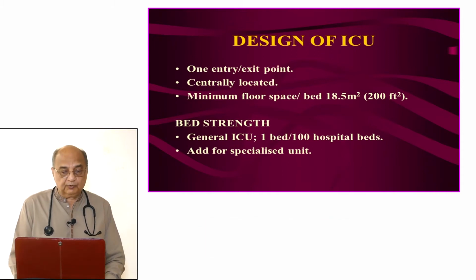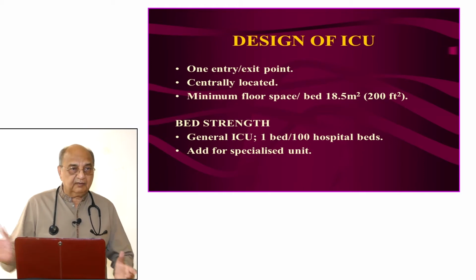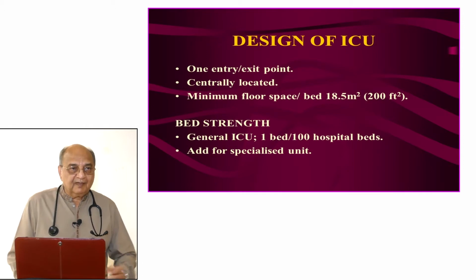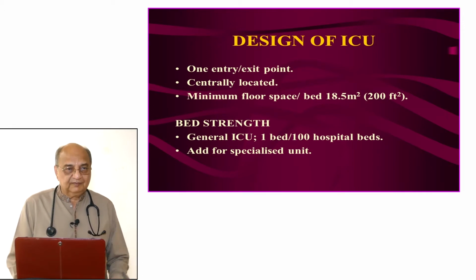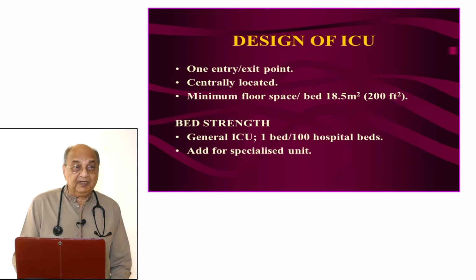If you go to the other ICUs, they don't care about these feet. If you go to Nishtar, see how many beds there are in the whole unit. If you multiply with 200 square feet, how much space would be needed for that? So it was badly designed.